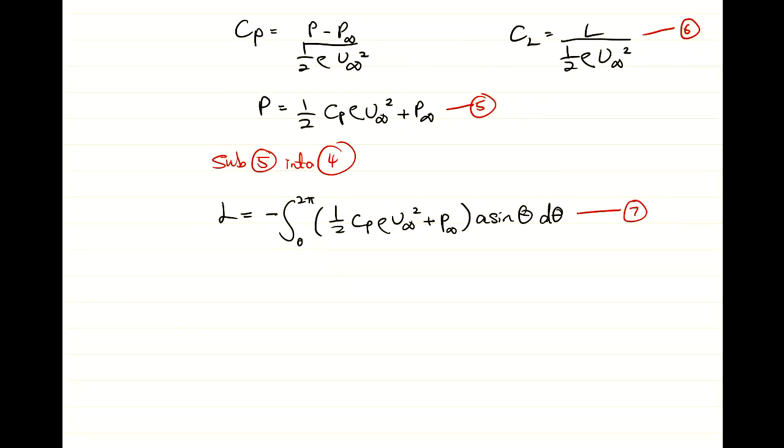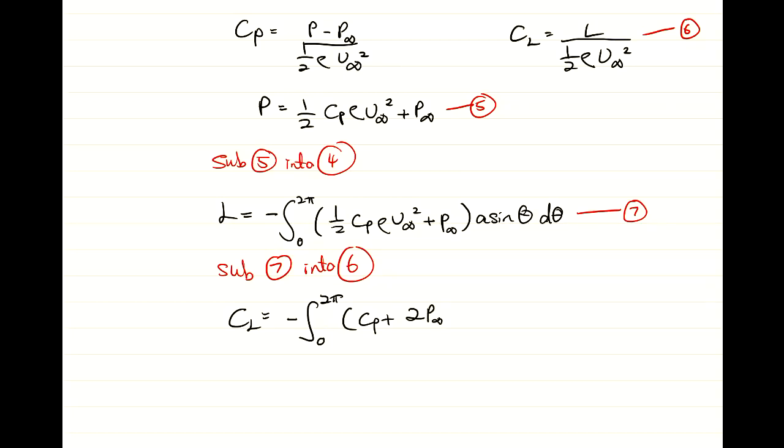There's going to be a lot of substituting, so please bear with me. So sub 7 into 6. I'm going to get CL equals negative integral from 0 to 2 pi of Cp plus 2 P infinity over rho u infinity squared.